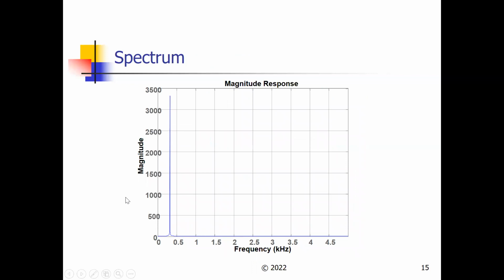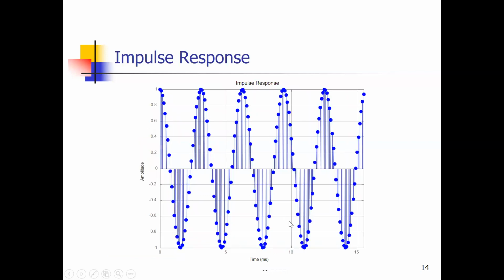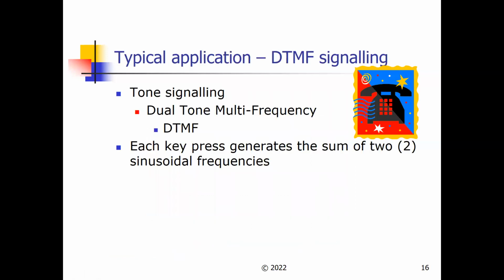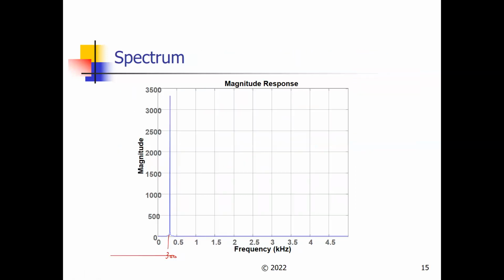And look at what the response looks like. Exactly at 300 hertz. You have a single clean frequency being generated at 300 hertz and nothing else. So this is the impulse response, or the waveform that you have coming out, and it is in fact a 300 hertz signal. Make sense? Everybody following?